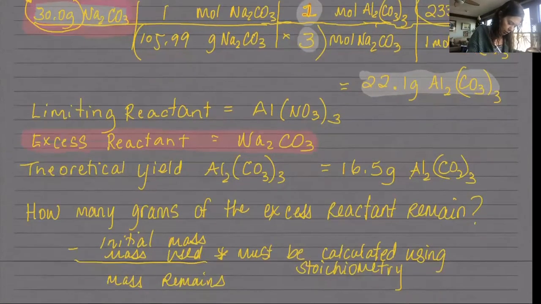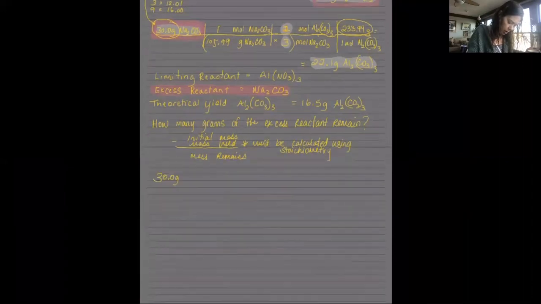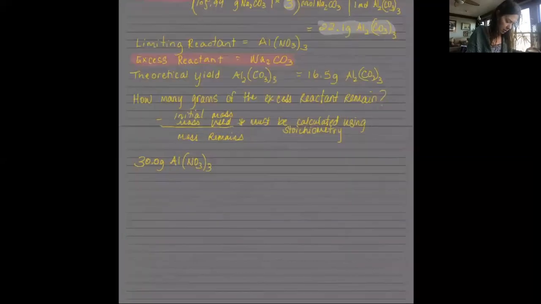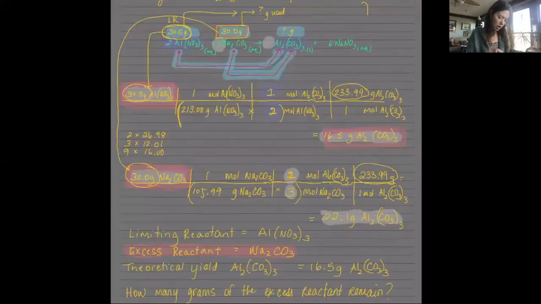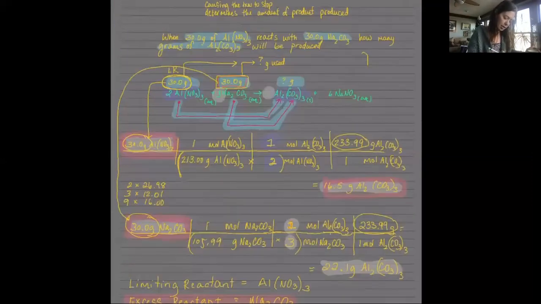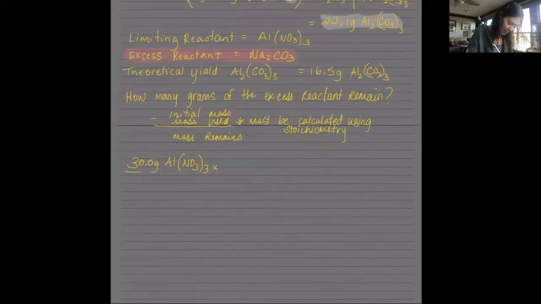We're going to go from 30 grams of aluminum nitrate. All right, we've calculated the molar mass. Look up. It is the first T chart, 213. 213 grams for every 1 mole.